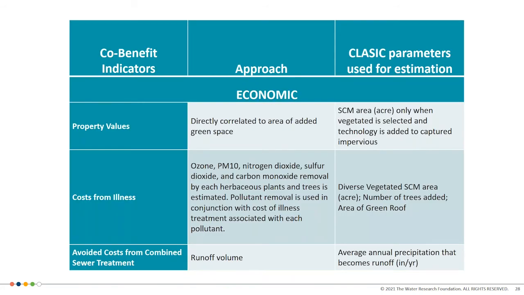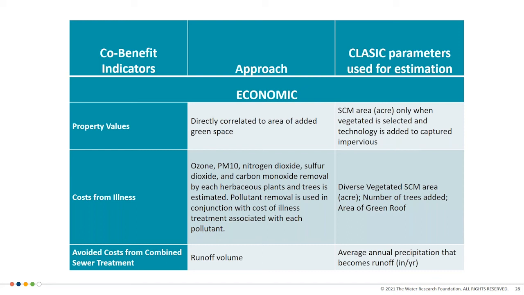This just goes through an example of some of the indicators that are included in the economic category. So for example, here we have property values, costs from illness, avoided costs from combined sewer treatment. And the CLASIC tool makes use of either inputs from the user and selections on technologies to estimate these, or outputs from the tool in terms of volume reduced or water quality benefits.